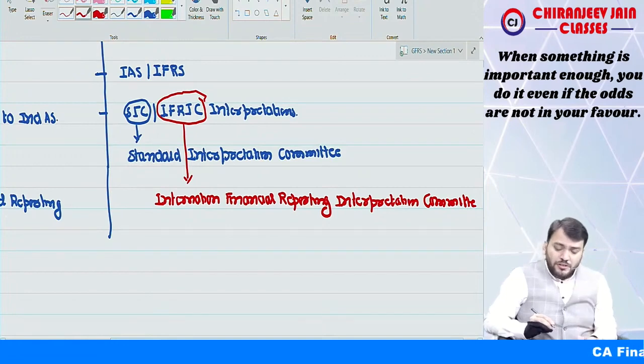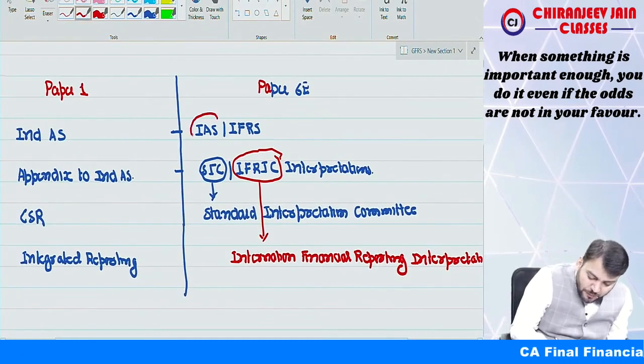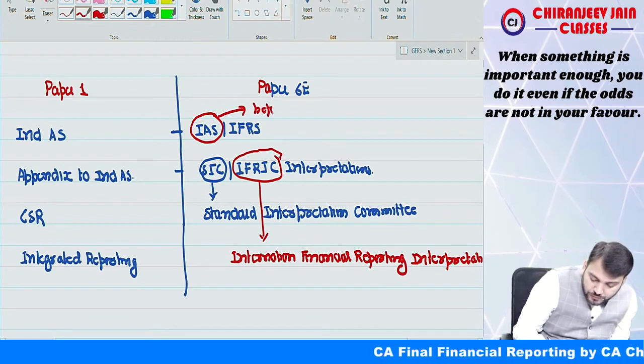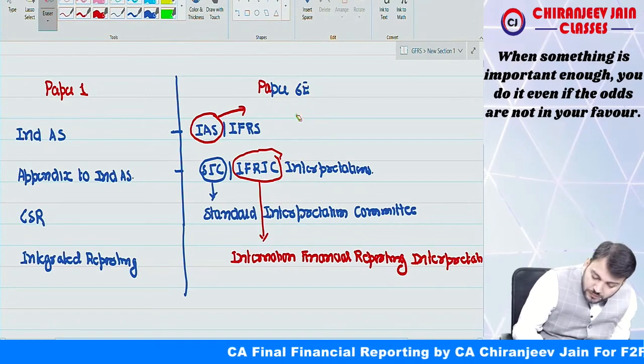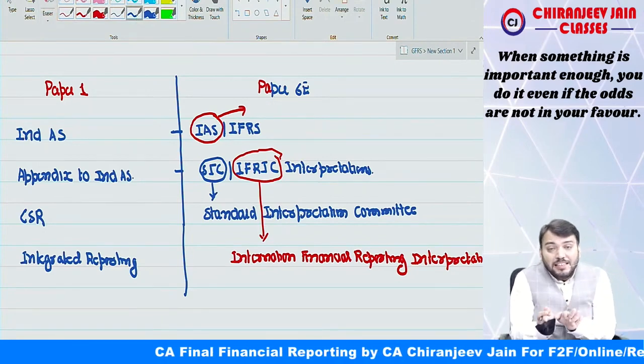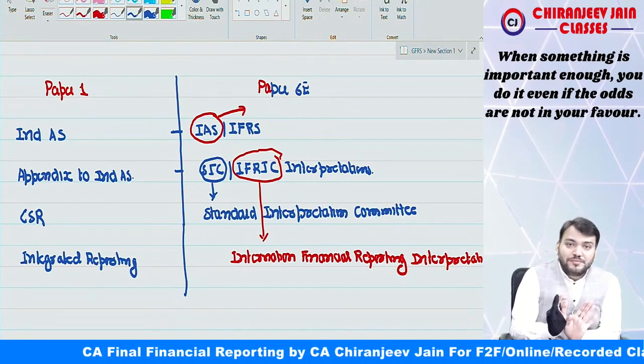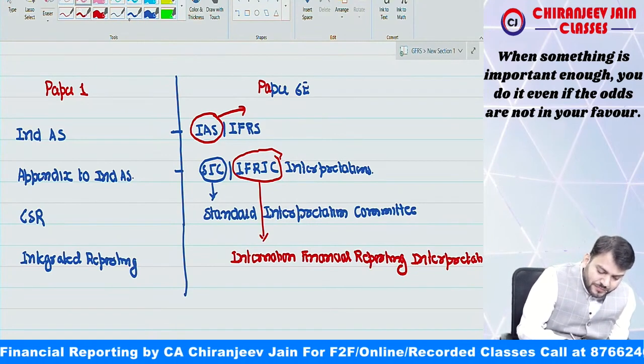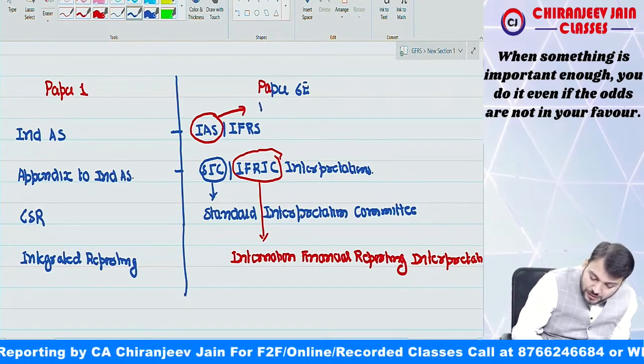Understood? The same thing I have said for IAS. IAS was before 2001, meaning any standard issued before 2001 was known as International Accounting Standard. Correct? That you might be knowing.